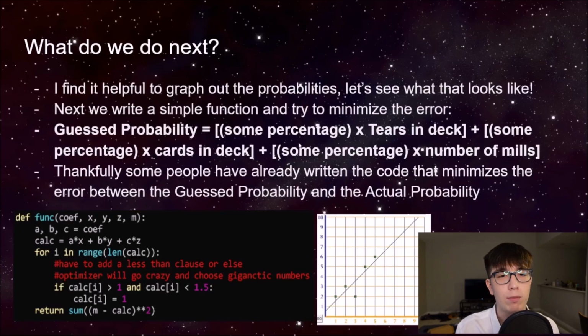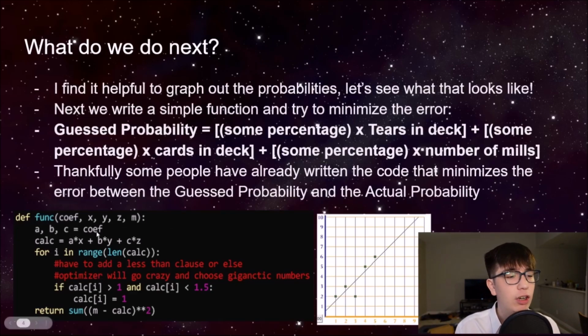We're going to multiply the number of tiers in our deck by some percentage. We're going to multiply the number of cards in our deck times some percentage. And we're going to multiply the number of mills by some percentage, right? So luckily, some great people out there have already written code that allows us to easily draw these lines of best fit, or you can think of them as three-dimensional shapes of best fit here.